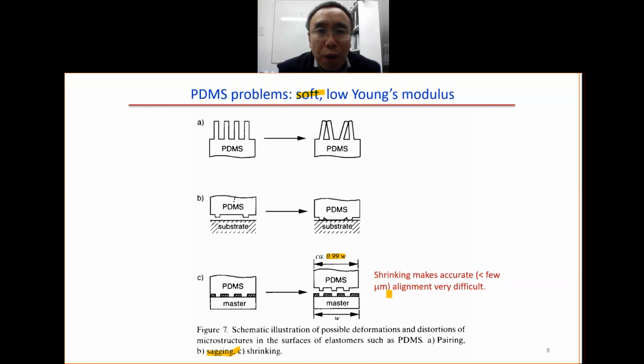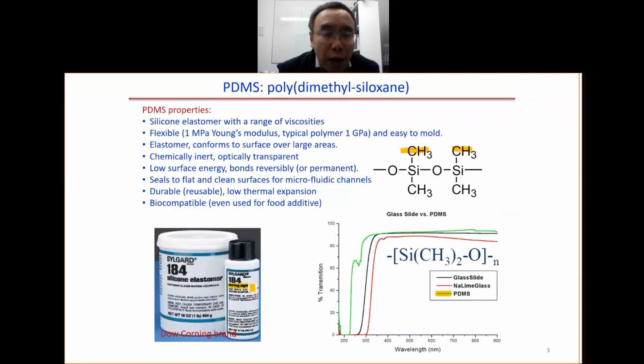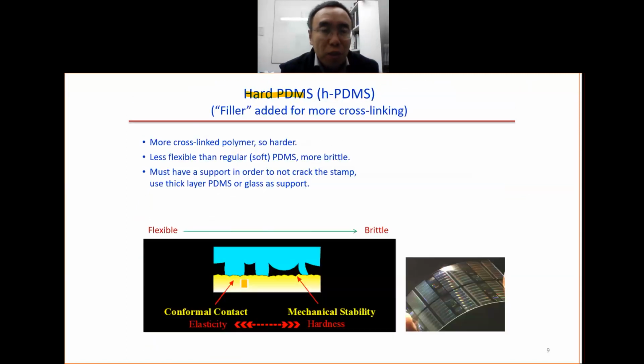So how to solve the problem of it being too soft? We can make it a hard PDMS. To make it a hard PDMS, we can either add some filler material into the PDMS, or we can simply add more curing agent, so you get more cross-linking, and then it also becomes harder.